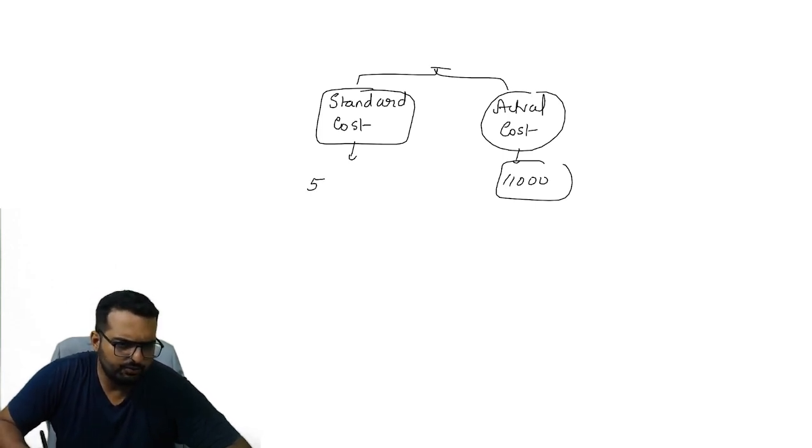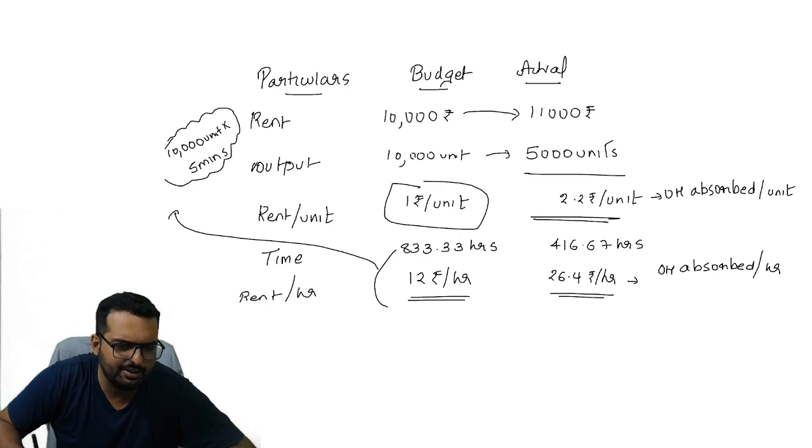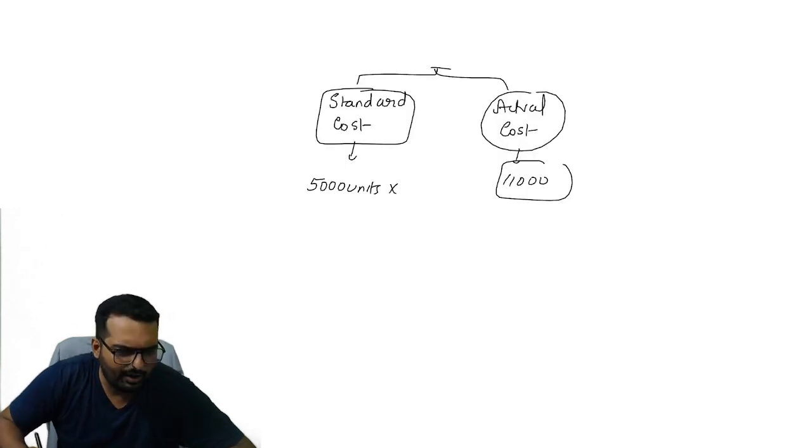You will take it based on 5,000 units multiplied with what? Multiplied with the standard price. What is the standard price? 5,000 units into what? 1 rupee per unit. That is the standard rate per unit. Am I right? Okay, wonderful.